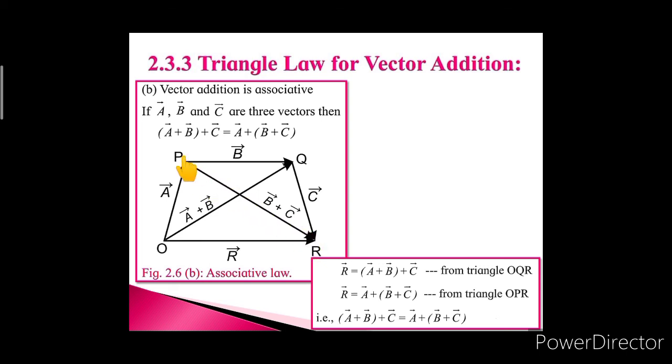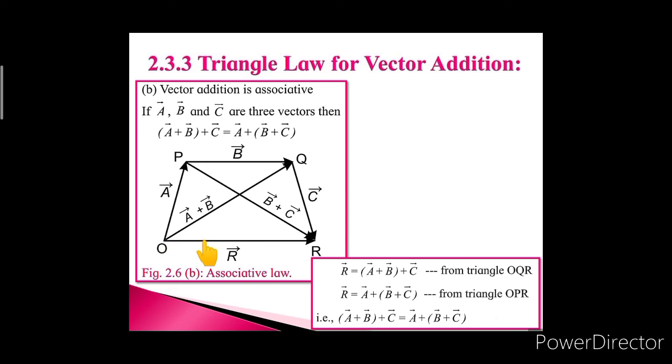In this we are adding the vector A. So vector A starts from point O to P. Over here vector A starts from point O to P, and the starting point of the vector B plus vector C is taken at point P and ends at point R. So the resultant of the addition of the vectors A and B plus C is taken, as per the triangle of vector addition, by the third side of the triangle, that is OPR, and the resultant value will be the addition of vector A plus vector B plus C.